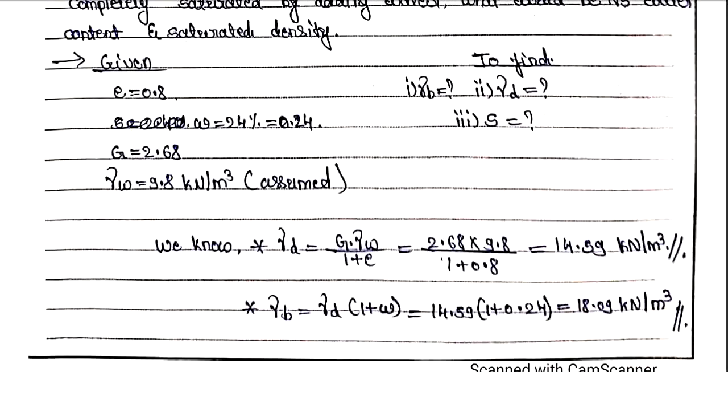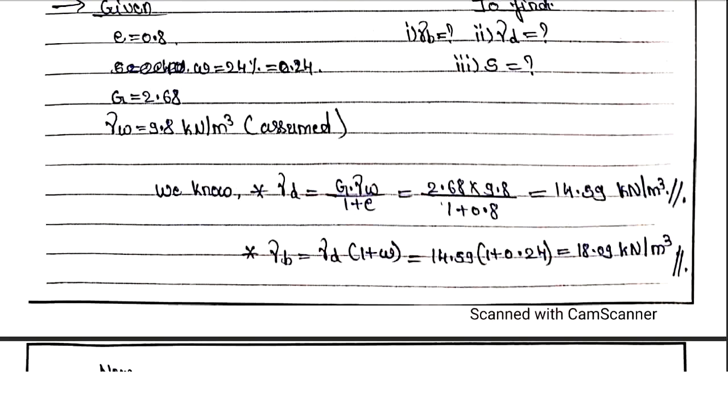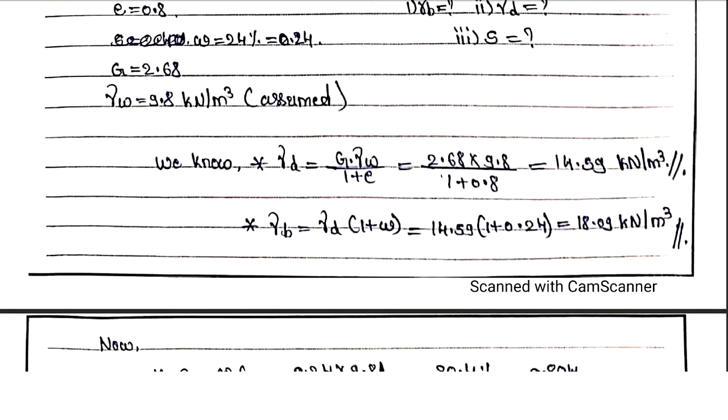Next, by using this dry density I can find out bulk density. So bulk density is equal to gamma D into 1 plus water content. So gamma D is 14.59 into 1 plus water content 0.24, which is equal to 18.09 kilonewton per meter cube. So this is bulk density.